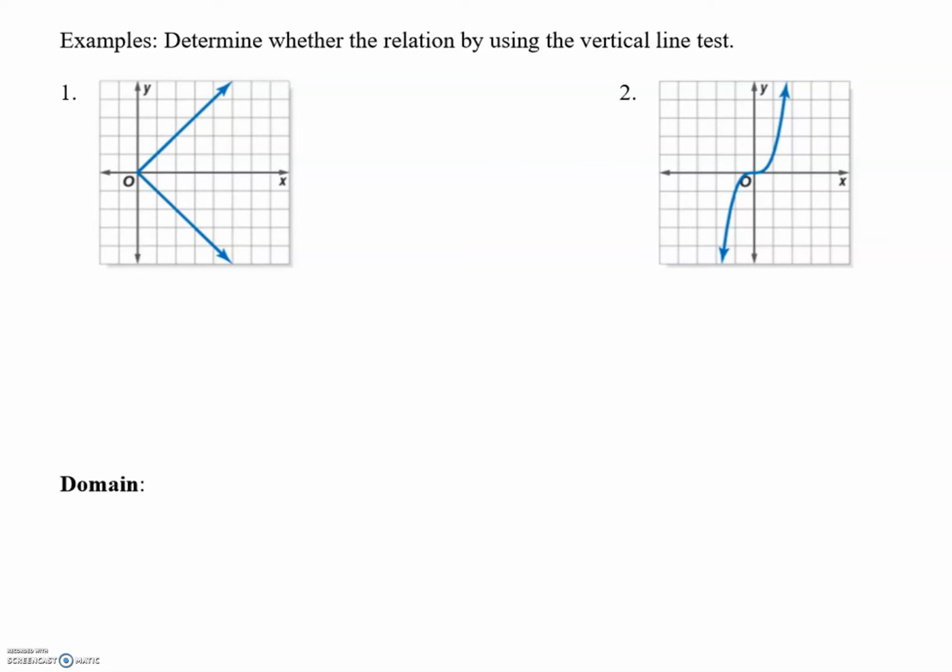I'm going to drop down a vertical line anywhere on this graph, and notice it crosses the graph twice. So for that x value, where I drew that vertical line, when x equals 2, it actually has two different y values. So that means it is not a function.